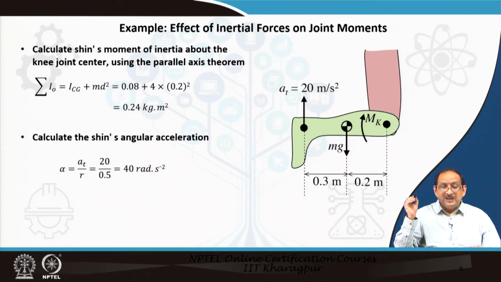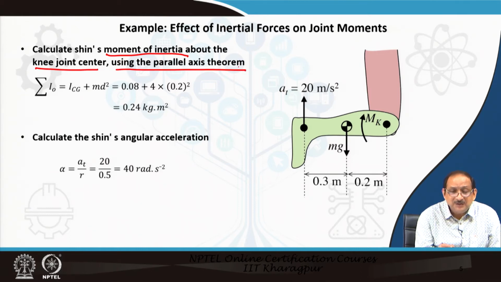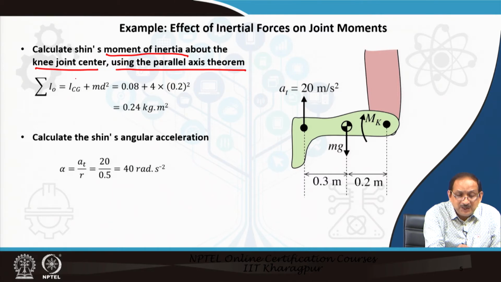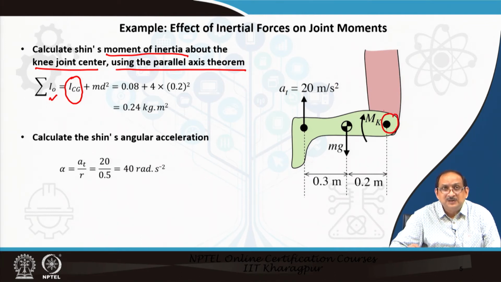Let us now calculate the shin's moment of inertia about the knee joint center. The first step is to calculate the moment of inertia about the knee joint center using the parallel axis theorem. The moment of inertia about the center of gravity of the lower leg is given, but we need the moment of inertia about the knee joint center.